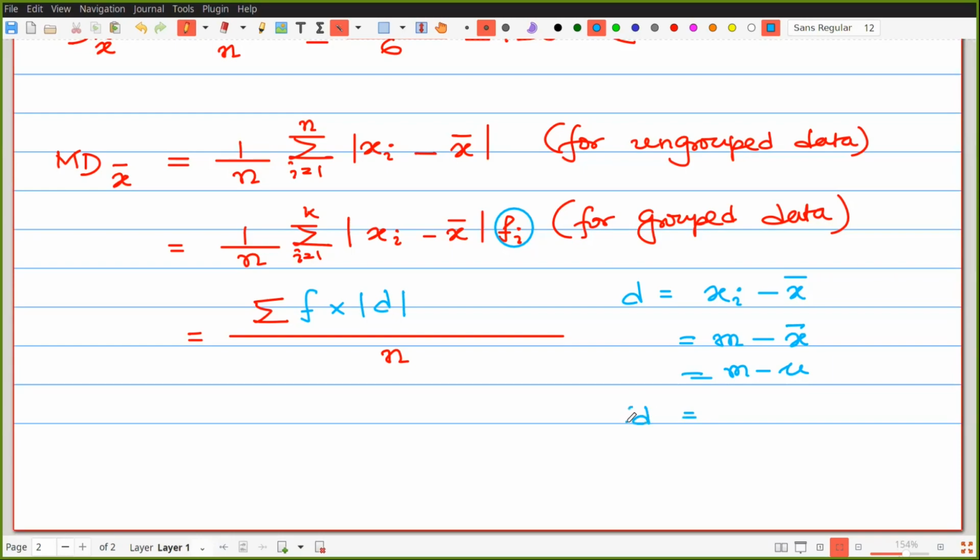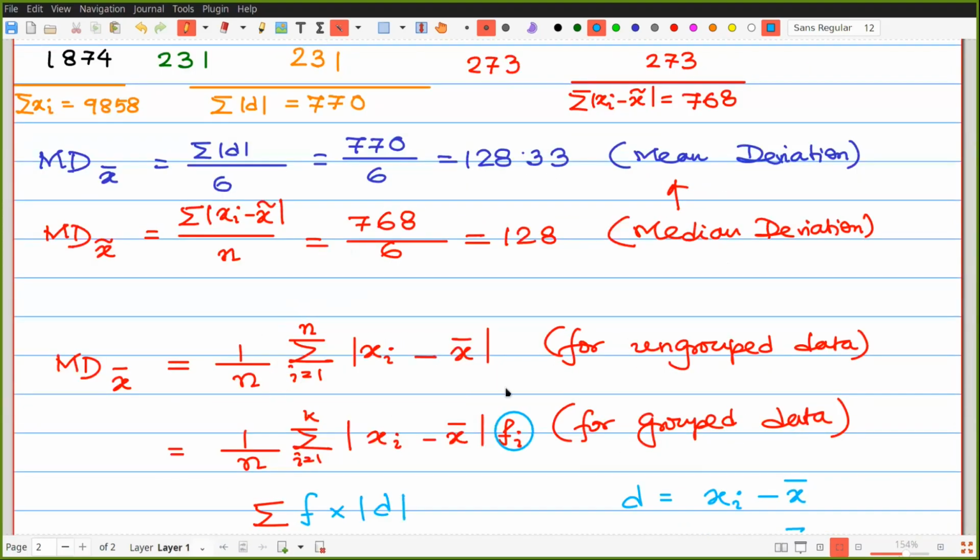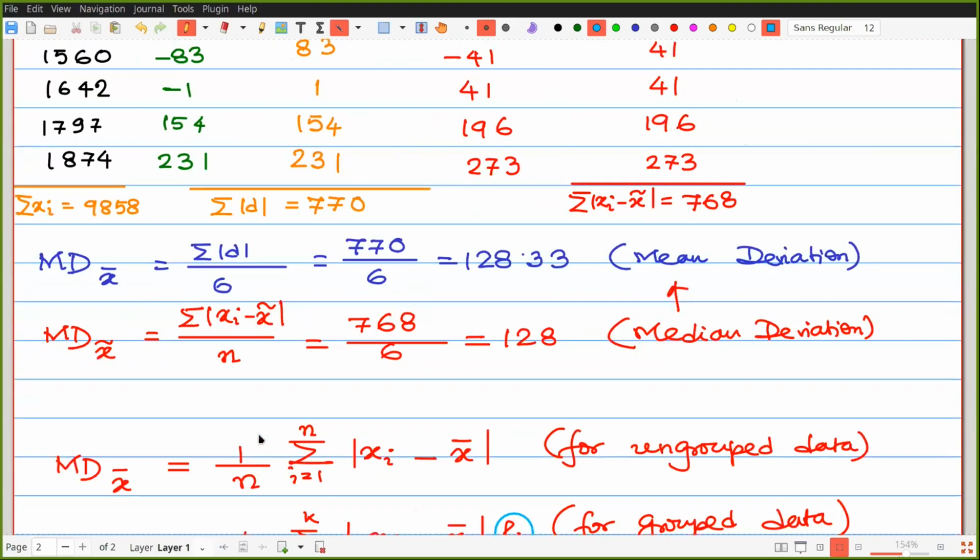The same formula is already written here in that form. And for ungrouped data we already did it: summation of modulus of xi minus x bar, where n is the total number of observations. That is how we can find the mean deviation, and also the median deviation.